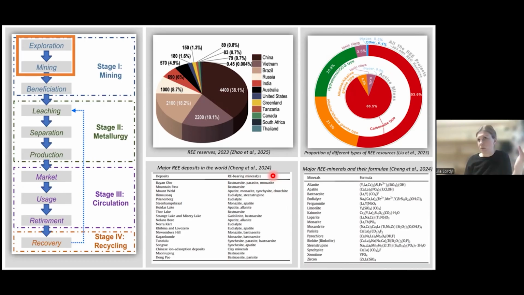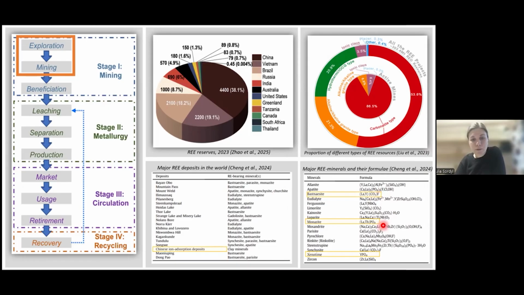There are over 250 known RE minerals, and they are silicates, phosphates, fluorocarbonates, or oxides. But the main REE ore minerals are these four. Bastnäsite: 70% of REEs that are currently mined come from bastnäsite, which is a light earth element fluorocarbonate.